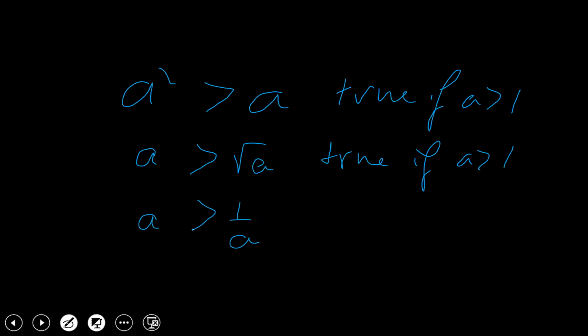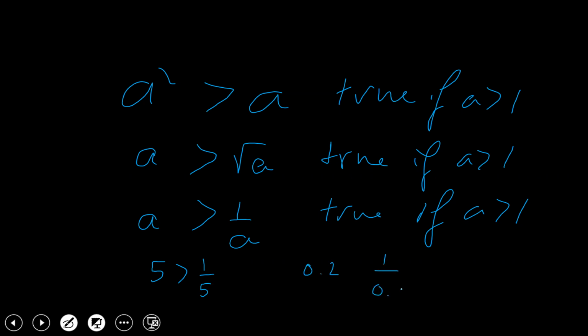A is greater, true only if A is greater than 1. Otherwise it flips. 5 is greater than 1 over 5, sure. But when we are talking about numbers less than 1, let's say 0.2 and 1 over 0.2, no, 1 over 0.2 is greater.